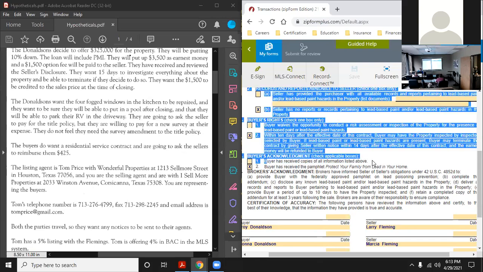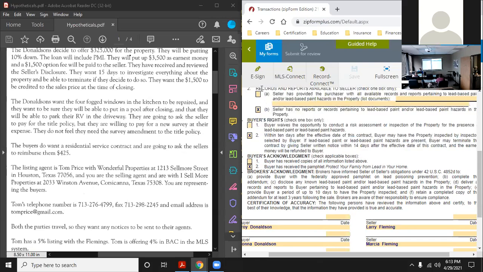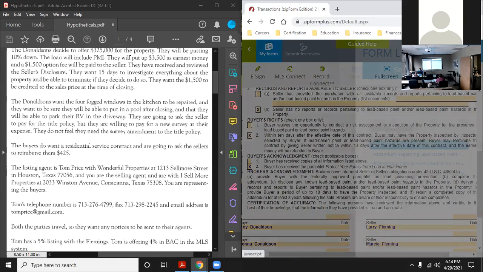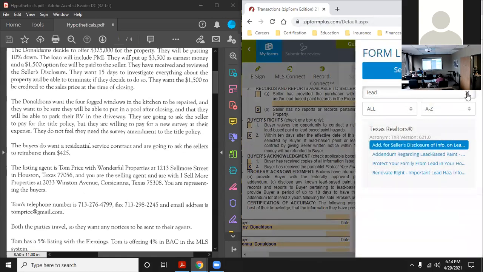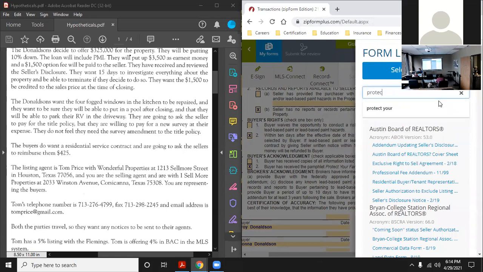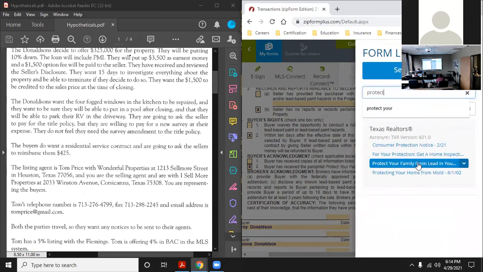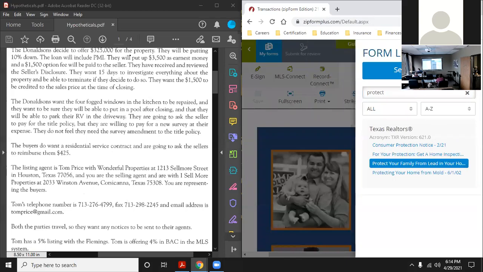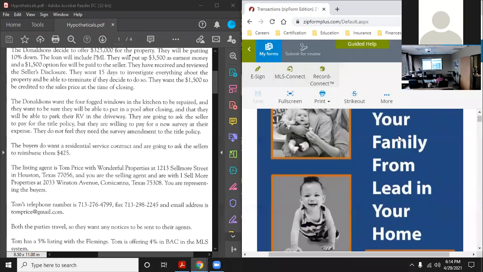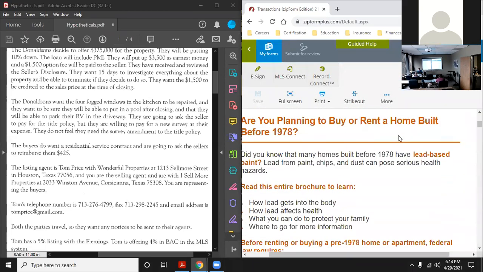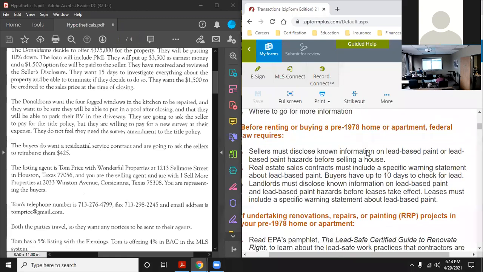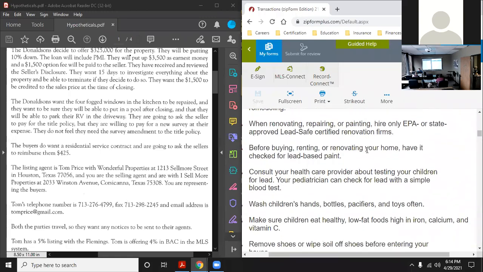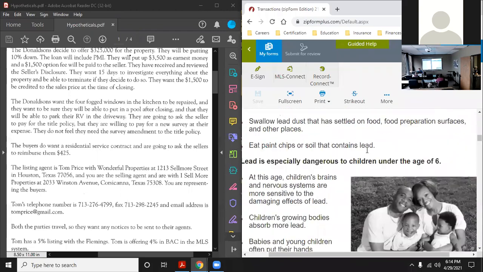And this, if they've received all copies of the documents, so if they have either one or two, or they've received a pamphlet, Protect Your Family from Lead in Your Home. I wonder if I can actually find it through this. It might be here. Yeah. So this is what it looks like, and it's just a little pamphlet that talks about how there could be lead if it's before 1978 and the steps to take to keep people safe.